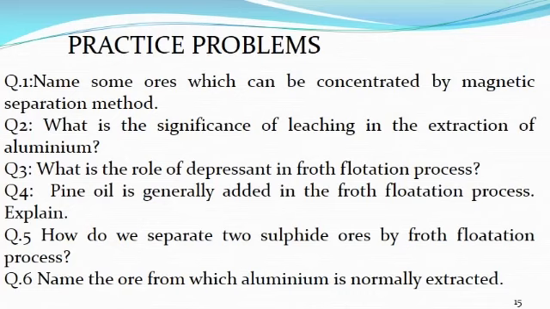What is the role of depressant in the froth flotation process? 4. Pine oil is generally added in the froth flotation process. Explain. 5. How do we separate two sulfide ores by the froth flotation process? The last question is, name the ore from which aluminium is normally extracted.